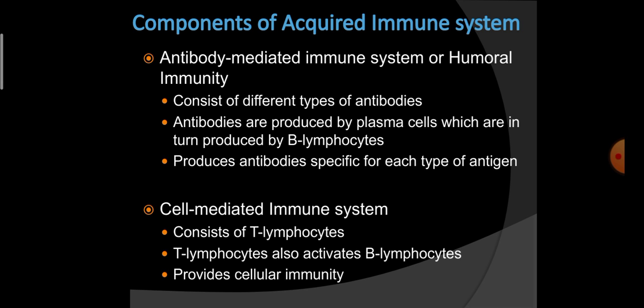Antibodies occur in the plasma, formed in plasma cells, and these plasma cells are produced by B lymphocytes. When B lymphocytes are activated during any infection, they trigger the production of antibodies. The produced antibodies are specific against specific kinds of antigens.